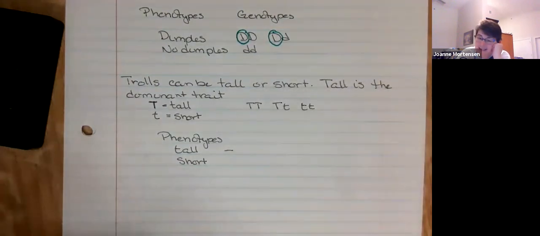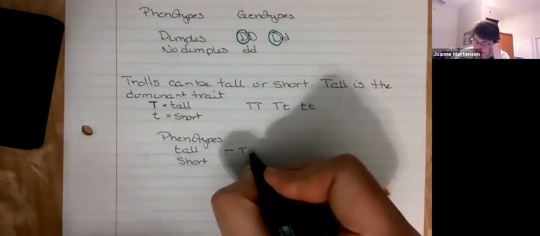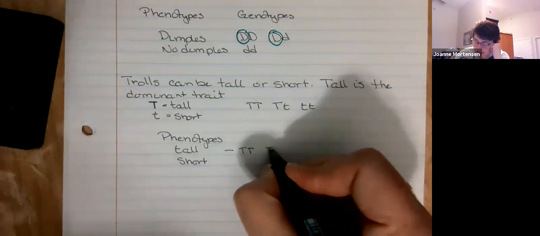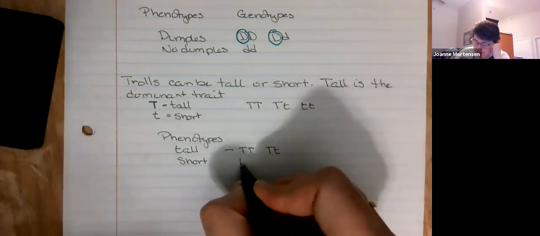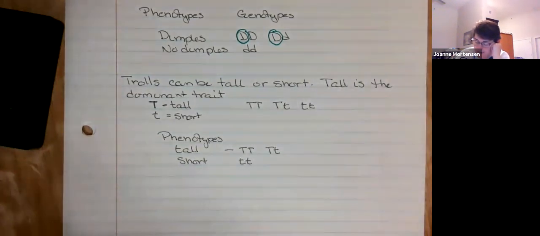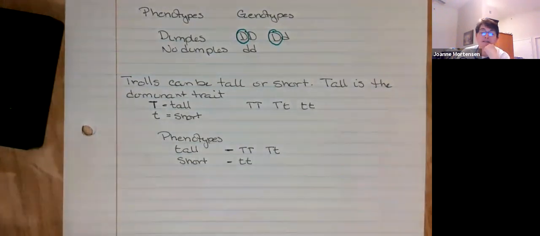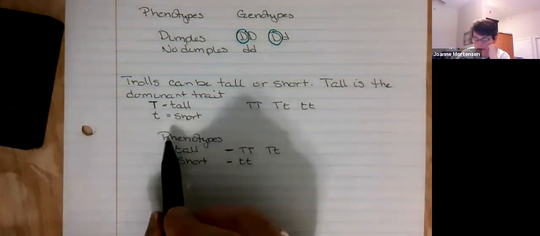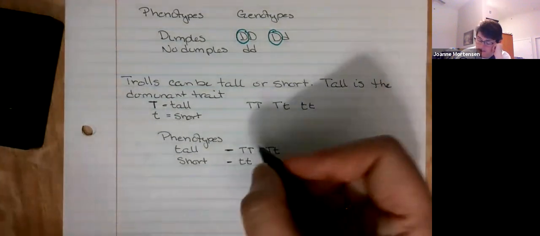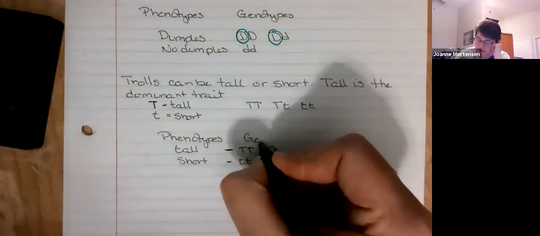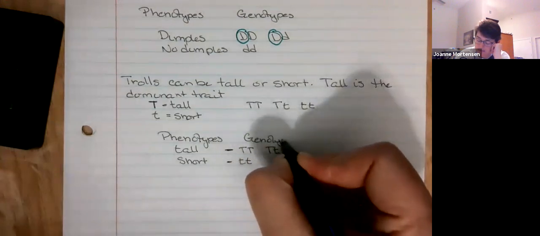It's only three options here. So tall can be capital T capital T, capital T lowercase t, and two lowercase t. I'm hoping the alleles is making sense. Okay, so these are different alleles, and these are phenotypes, and again, the letters are genotypes.